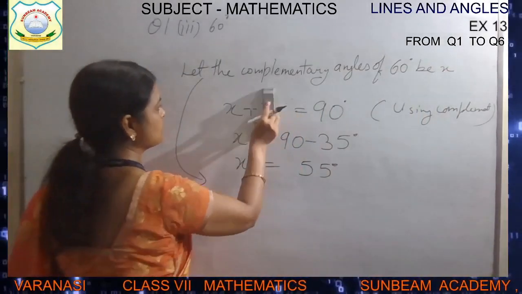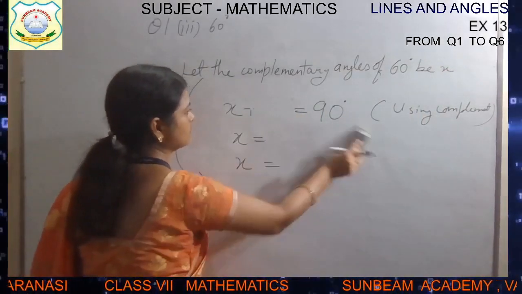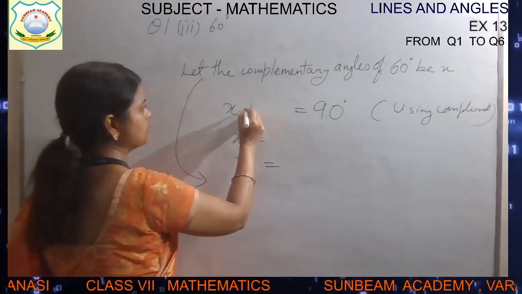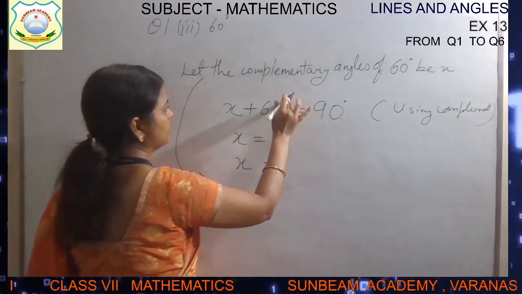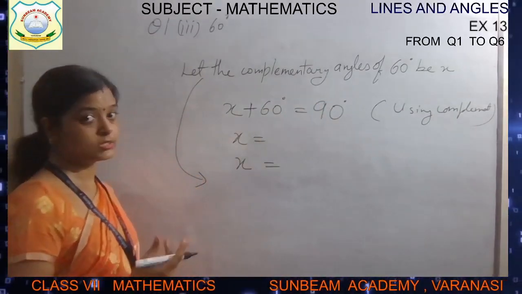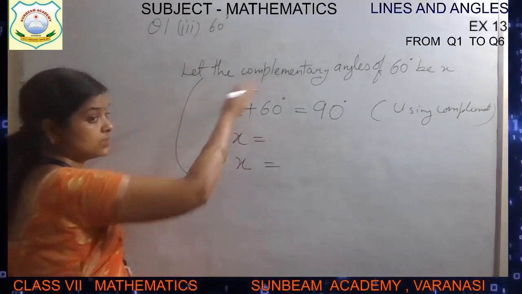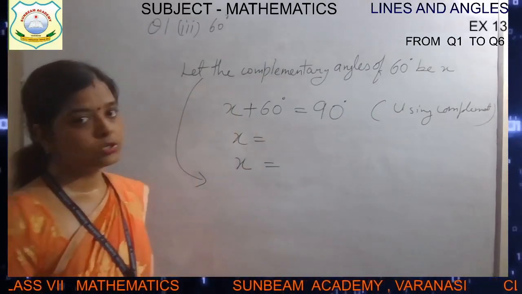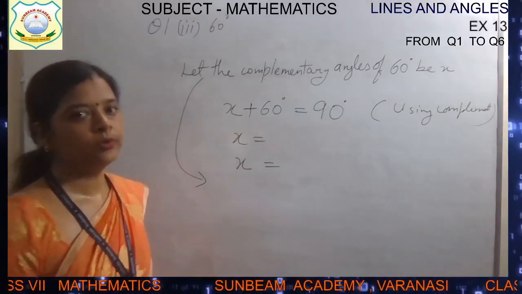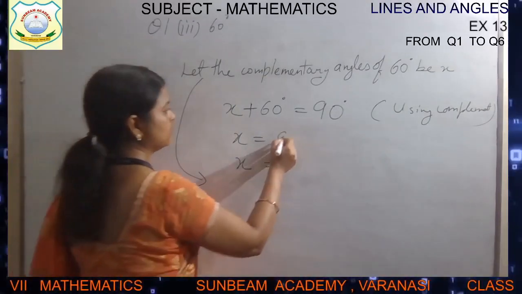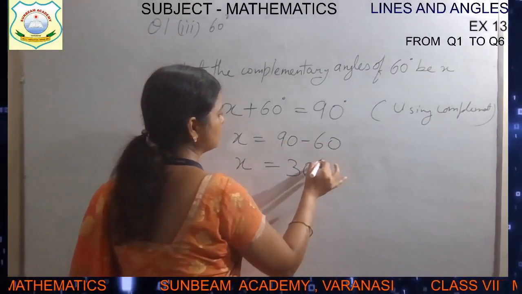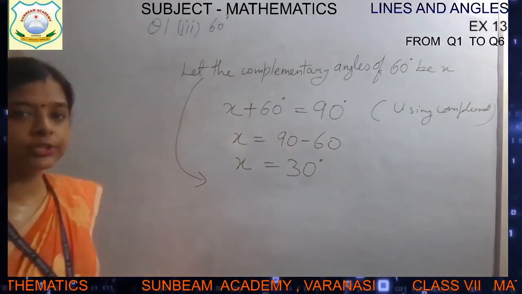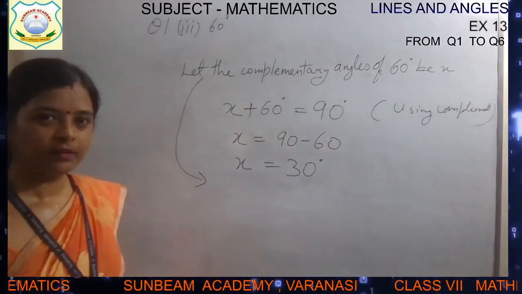X plus 60 degree is equal to 90 degree, because they are complementary angle. So their sum will be definitely equal to 90 degree. So x is equal to 90 degree minus 60 degree. Then it will be equal to 30 degree. Okay?